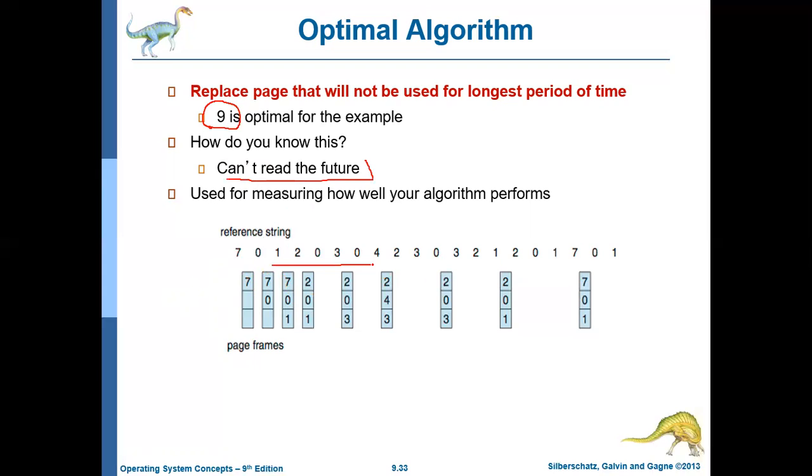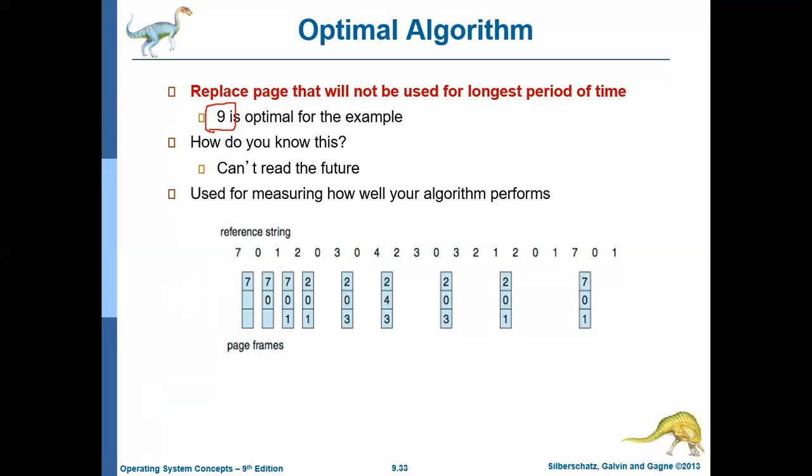But this algorithm can be used as a reference algorithm. So this algorithm is the ideal case. Okay, optimal page replacement algorithm gives the ideal page replacements. So the performance of the other algorithms can be compared with the optimal page replacement algorithm, and by that we can decide which algorithm is performing better than any other algorithm.